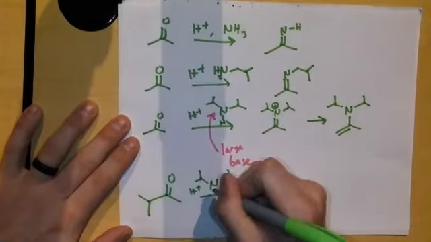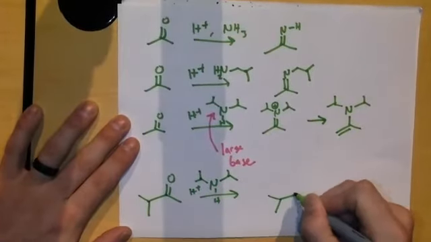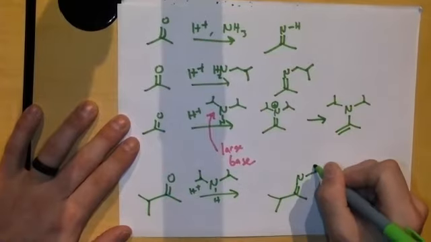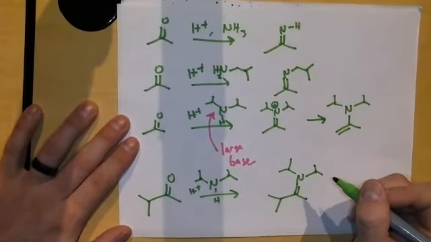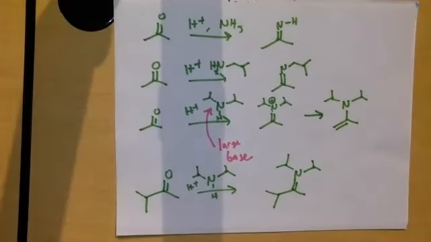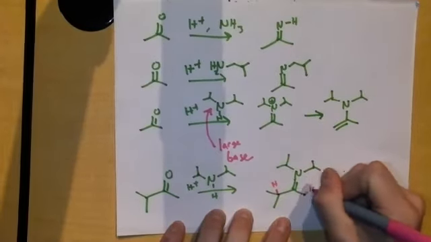H plus amine. We would originally make this, and when we do our tautomerization, we have two different possibilities. We have this H and we have these three H's.